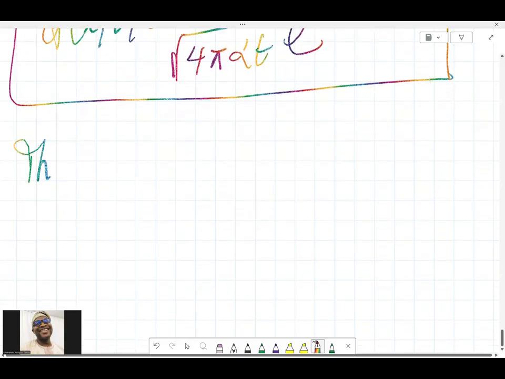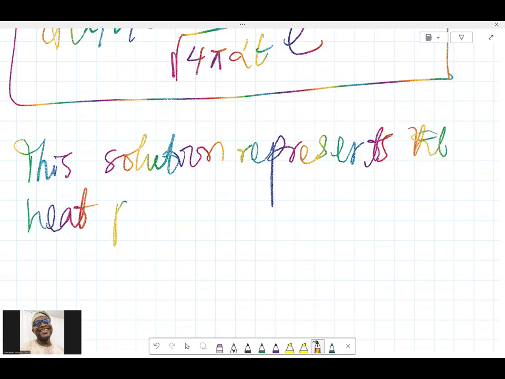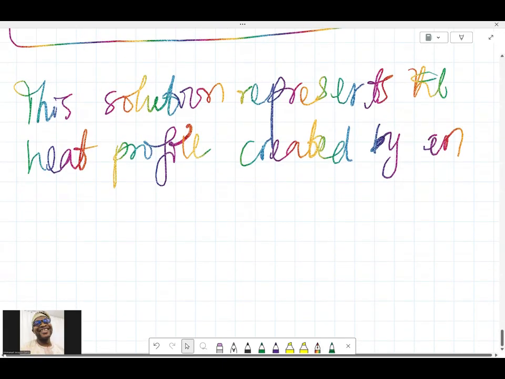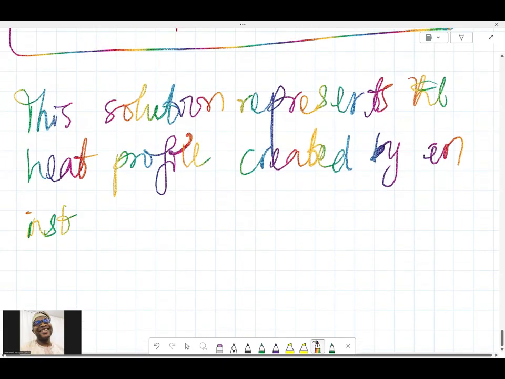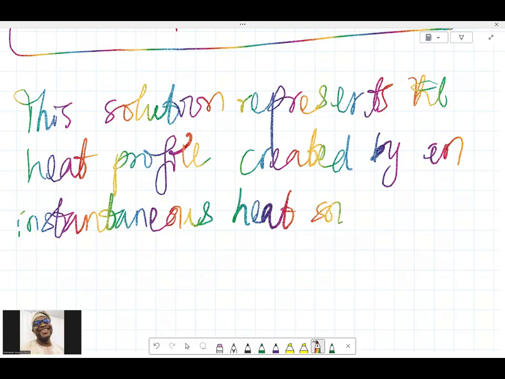Okay, so this solution represents the heat profile created by an instantaneous heat source located at the origin.